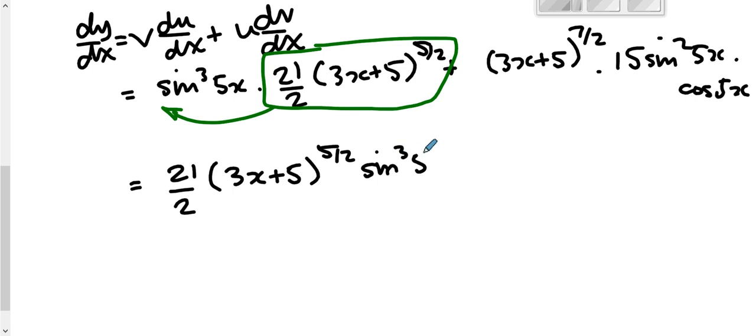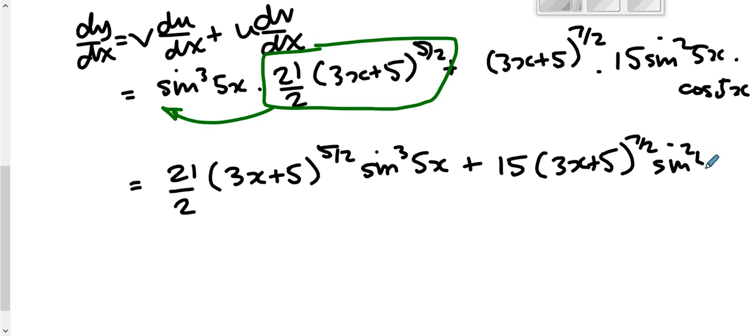So sine cubed 5x plus 15 (3x plus 5) to the 7 over 2 sine squared 5x cos 5x. So I put the 15 first, the number first, then the powers, then the wordy functions.